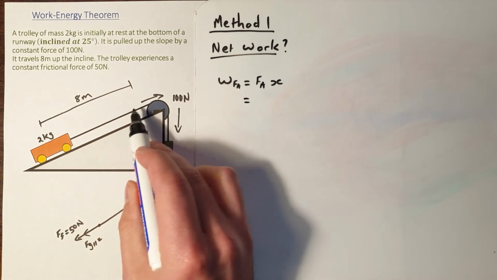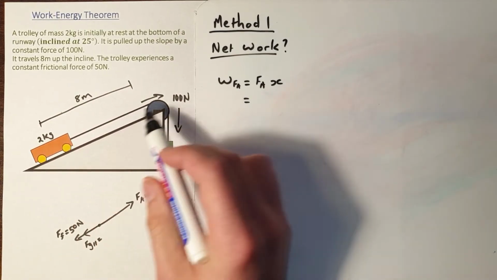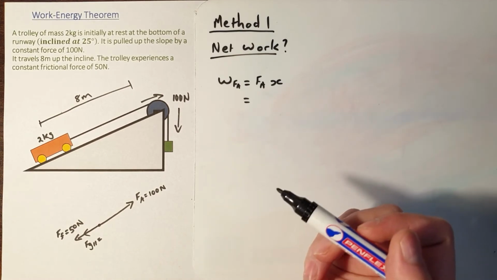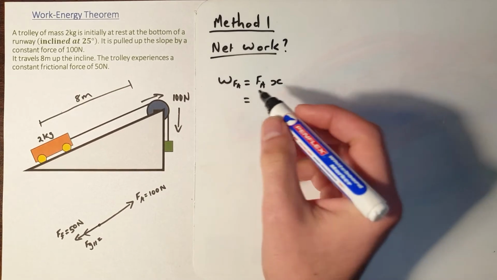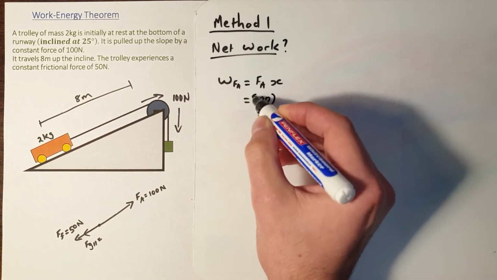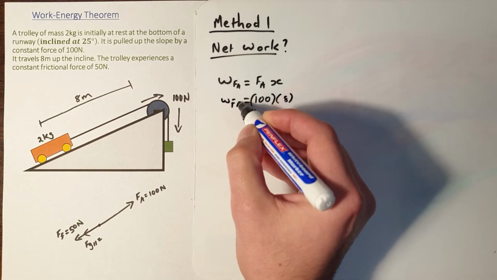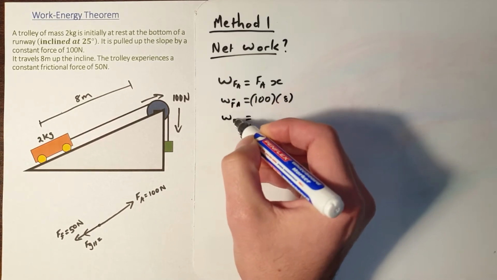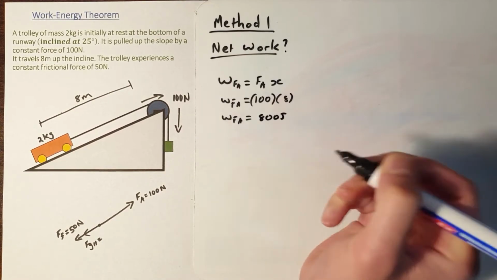Now we can see that it's being applied parallel to the slope, or parallel to the motion, and so cos theta in this case is not really relevant. So we're going to have 100 newtons for a distance of 8 meters, meaning that the work done due to that force is going to be 800 joules.